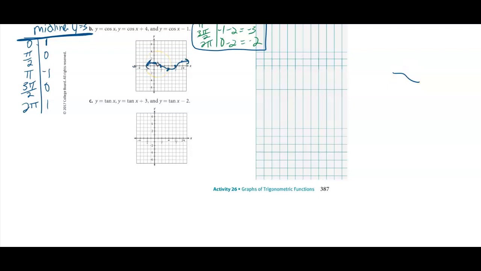And again, just recognizing that midline is still 0. That's what it's oscillating around. So when it goes up 4, it's going to shift your midline up 4. So one way to do that would be to add 4 to all your y's.